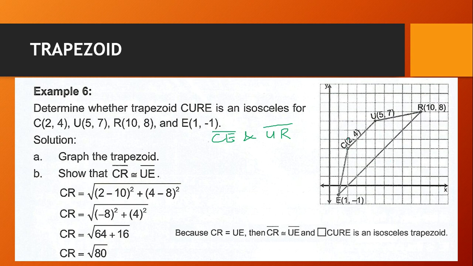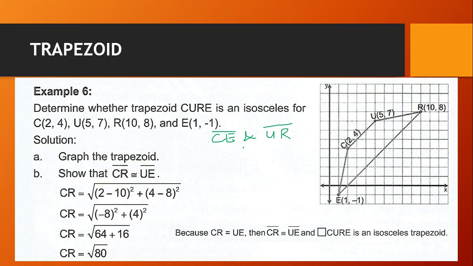Makaingon ka nga isosceles trapezoid siya kung congruent ang sides. So whatever the measurement of CE, it's just the same as the UR. But we're going to prove kung parehas ba sila. No, it's just hypothetical first pa. In other words, kung unsay measurement sa left side, mao pod ang measurement sa right.